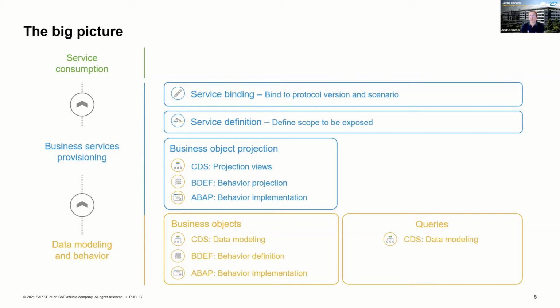So you now bind the whole implementation to a certain protocol. And there are 2 protocols out there right now. That's OData version 2 and OData version 4. And 2 different scenarios. That means UI-based or API-based binding. And the cool thing is that the implementation does not change. So you can publish the same implementation as a UI service and as an API.